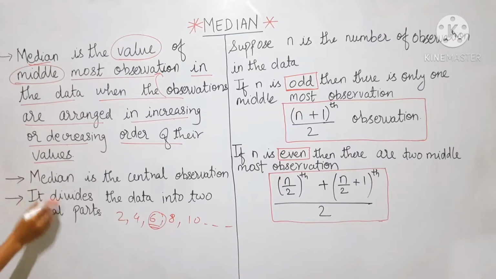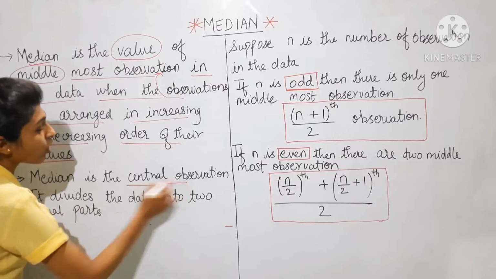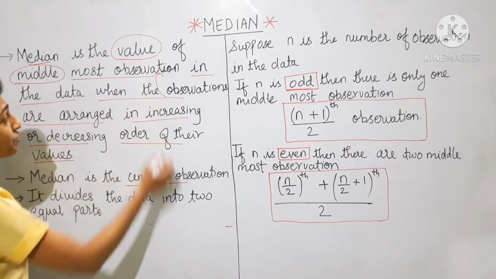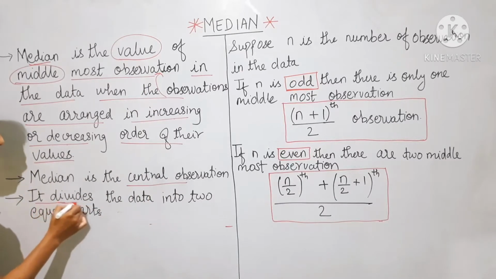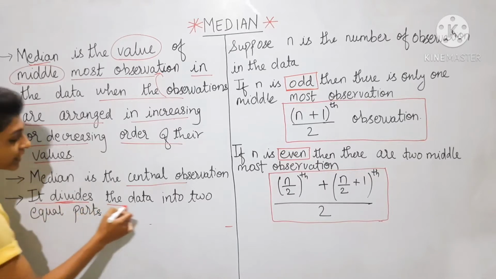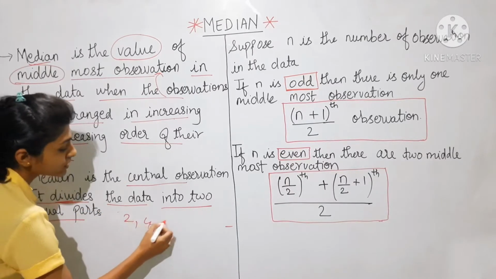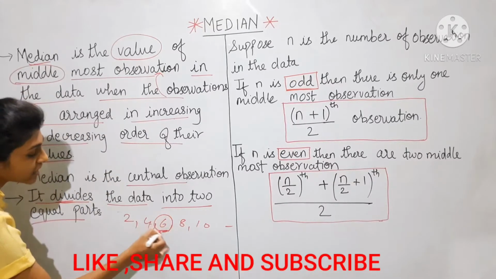So median is the central observation. Why are we calling it the central observation? Because it is the middlemost value, and the median divides the data into two parts. See, 2, 4, 6, 8, 10. Suppose I consider 6 as the median.